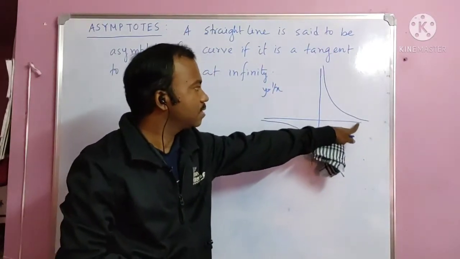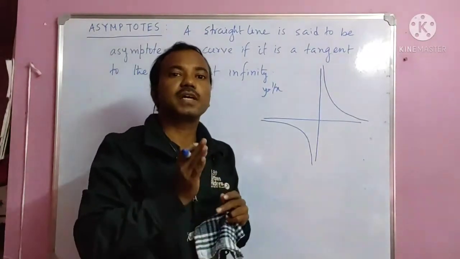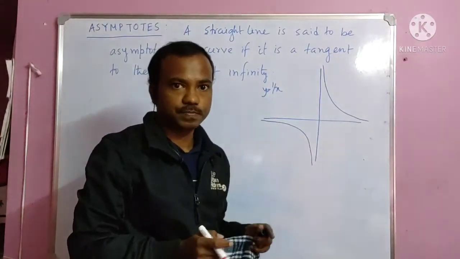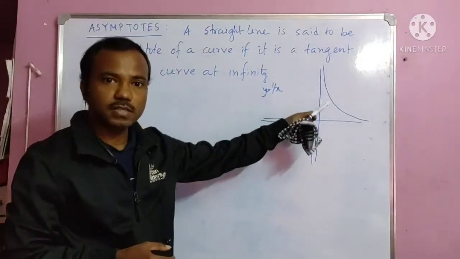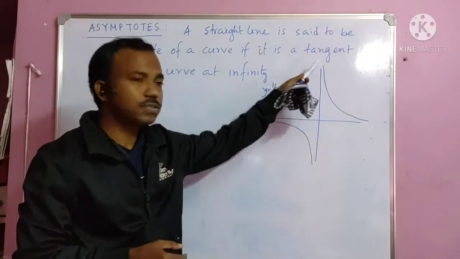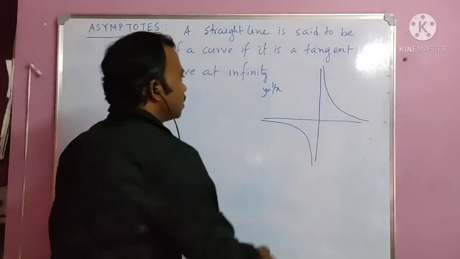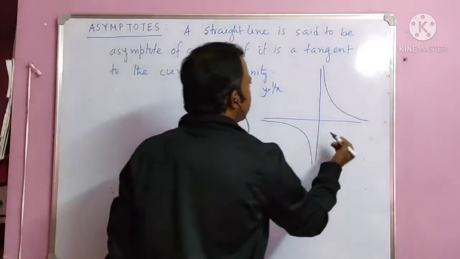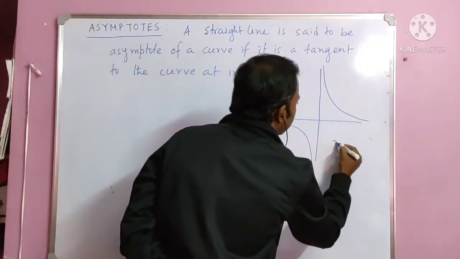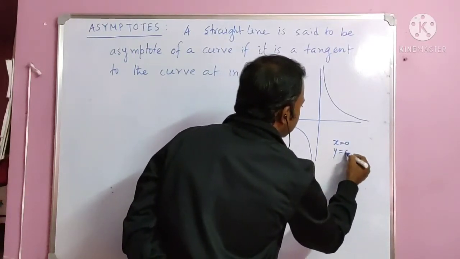Since the x-axis touches the curve at infinity, the x-axis becomes a tangent to the curve at infinity. Likewise, the y-axis is also touching the curve at infinity. So we can say that the x-axis and y-axis are the asymptotes for the curve. This is the y-axis and this is the x-axis.